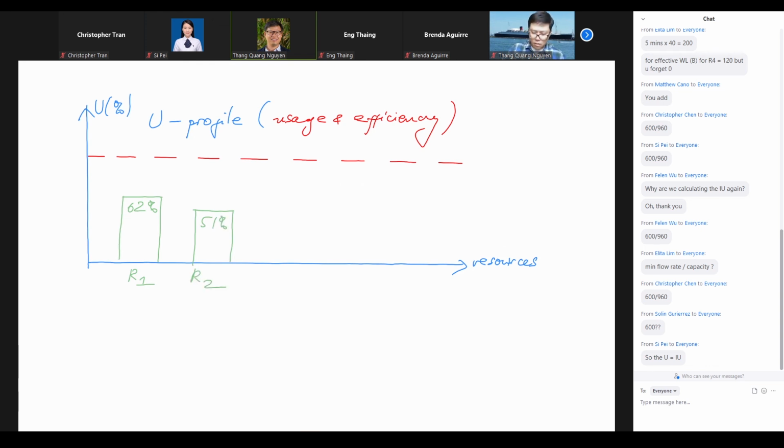At 3, we have exactly 100%. That's a bottleneck, right? And then 55%, and then 75%.